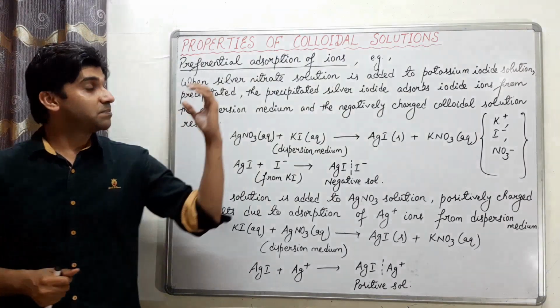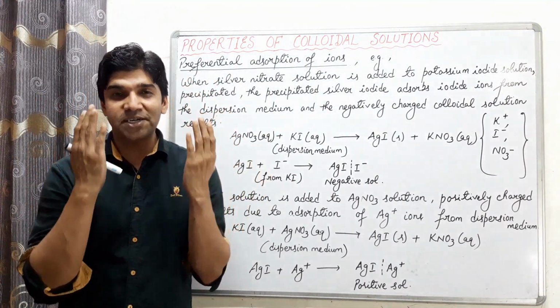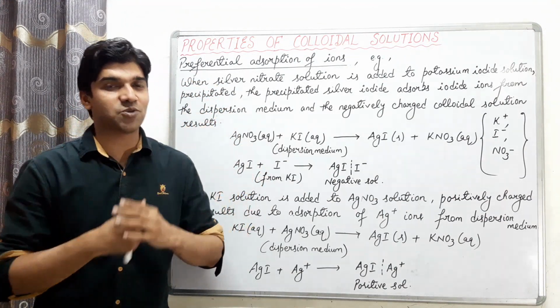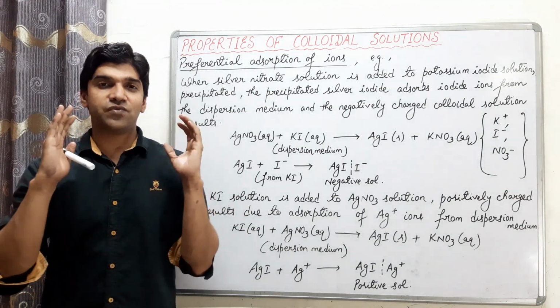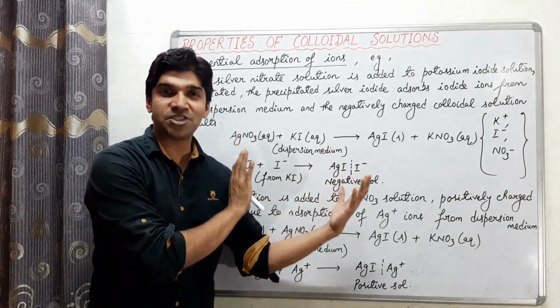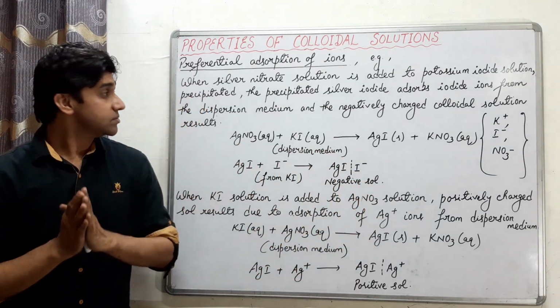Now the examples of preferential adsorption of ions, showing how a particular ion gets adsorbed on the surface of the sol particles, and thus we have formation of either positively or negatively charged sols. Let's see some examples here.